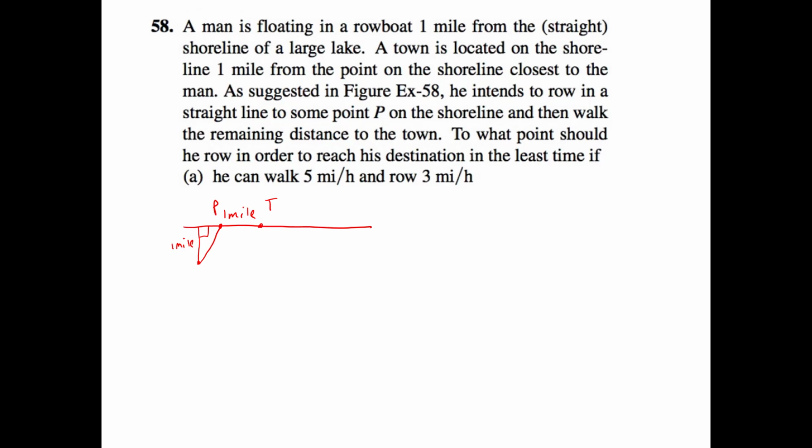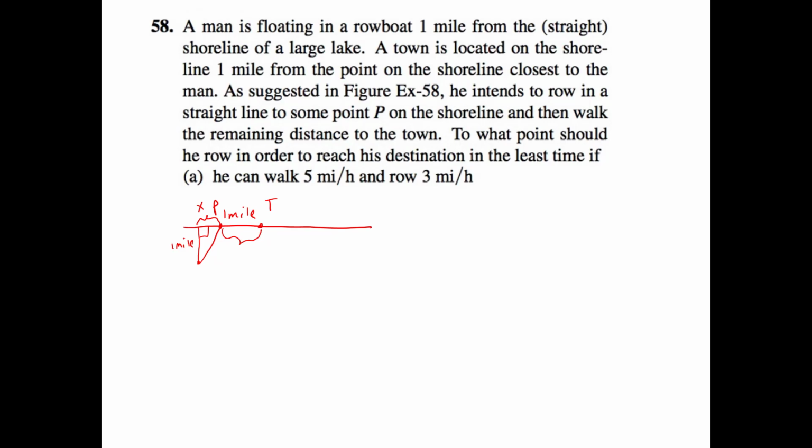And so we want to keep track of where he rows to. So we'll call the distance from there to there x. And then you should take some time to write down, well, how far is it? What expression can I write for the distance from the point he rowed to here?